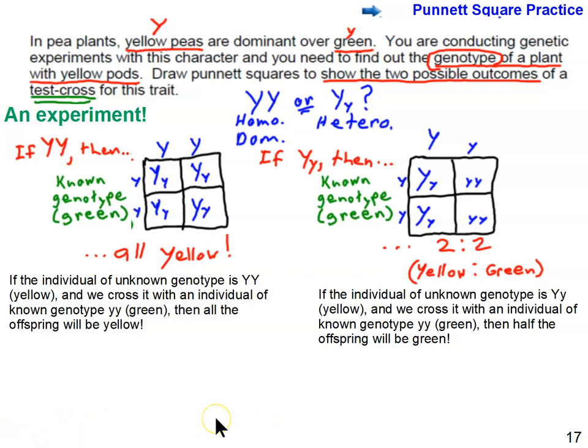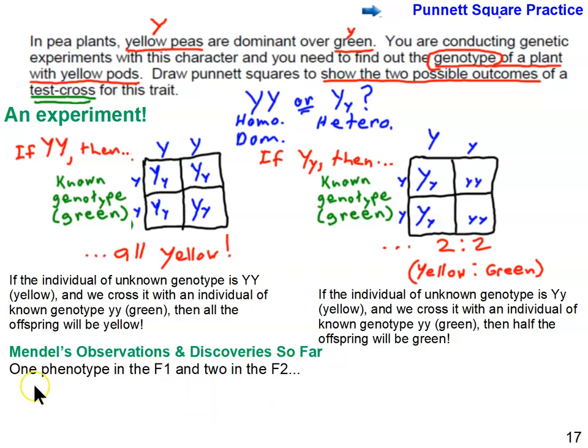So we're going to sum up what Mendel has discovered up to this point. Mendel's observations and discovery so far: one phenotype in the F1 and two in the F2. In other words, there was only one phenotype in the F1 generation. They were all heterozygous, right? So they all showed only one phenotype. And there were two in the F2.